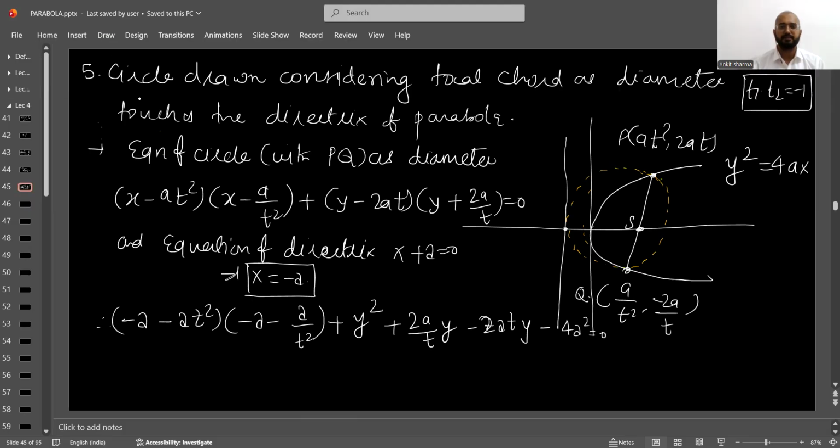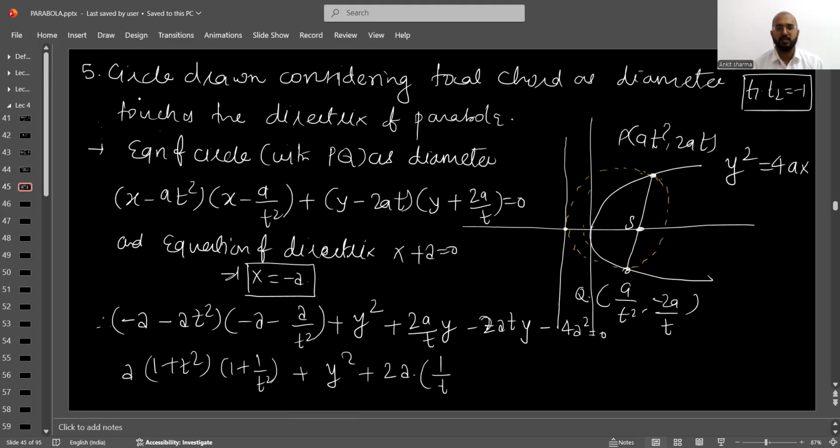Now if I multiply here, I can see everywhere a is present, so I can divide by a. And this will give me simply 1 plus t square into 1 plus 1 by t square plus, this guy doesn't have a, so I can just keep it here. And then this would be basically y square. And then I'll be taking 2a outside.